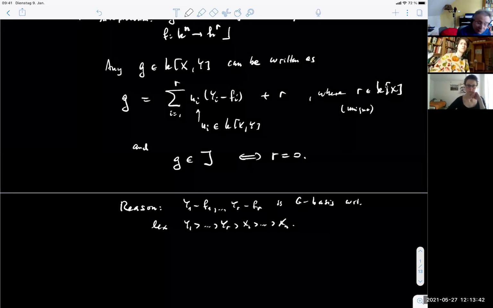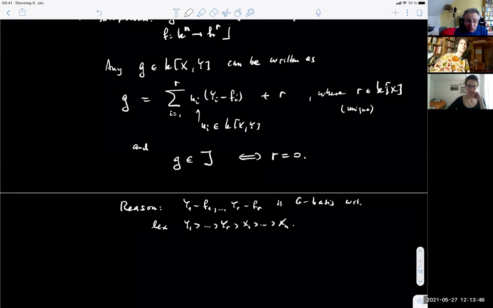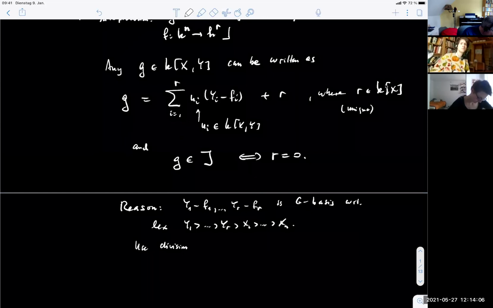Okay, and then we know division with remainder by a Gröbner basis. We can do it. There is no problem. The final remainder, which is the normal form of G modulo the ideal, is uniquely determined. This is exactly the R. So I use division by this Gröbner basis.